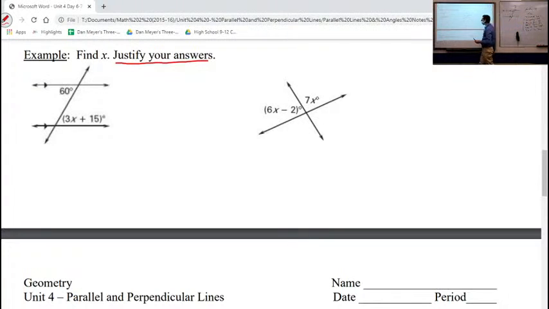What kind of angles are they? Well, these two angles, inside the parallel lines, one's on the left, one's on the right. That means they are alternate interior angles. More importantly, the alternate interior angles are congruent.